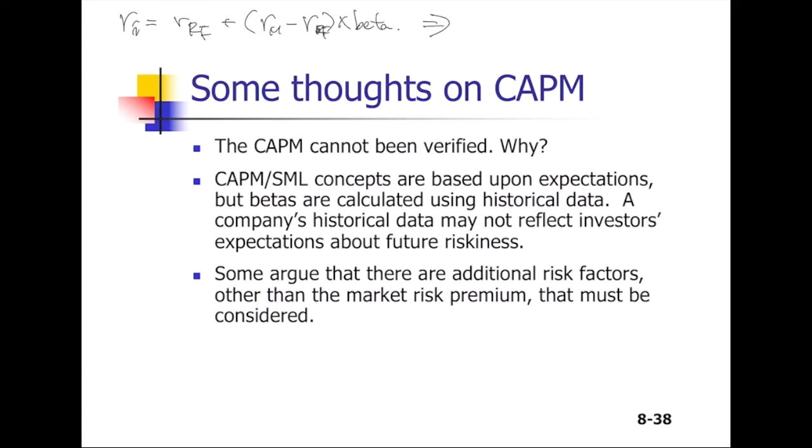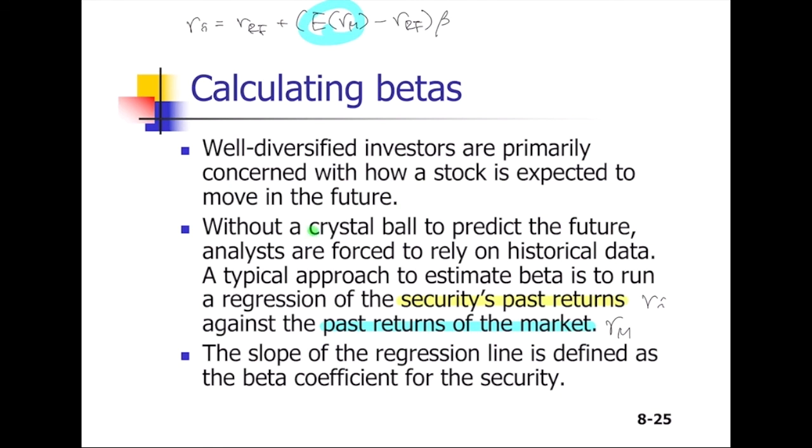So the future expected Ri minus RRF equals expected RM minus RRF multiplied by beta, right? So we need this, right? But as we learned before, we don't have any crystal ball, so we cannot predict the future, right? So without a crystal ball, we are forced to rely on historical data.